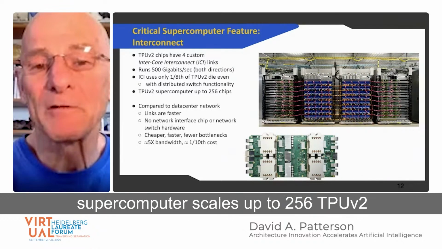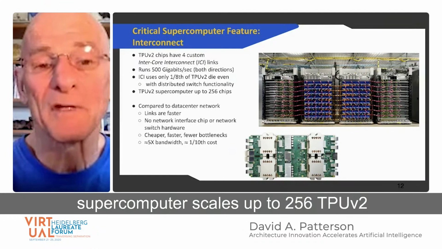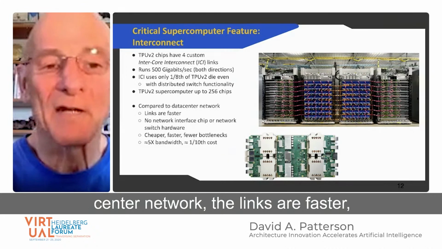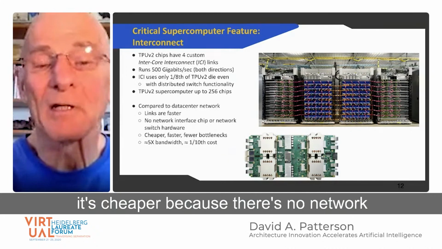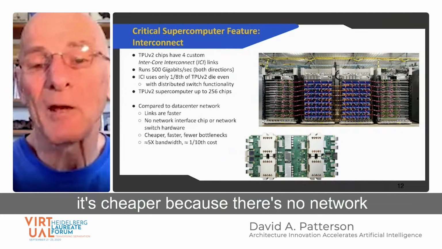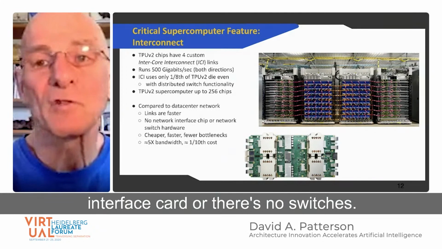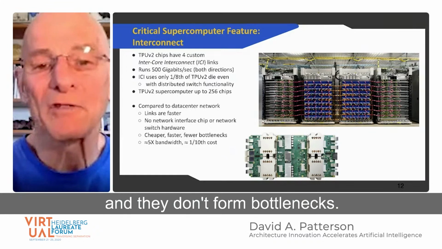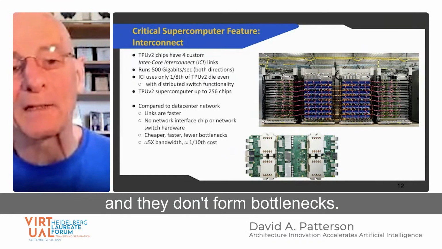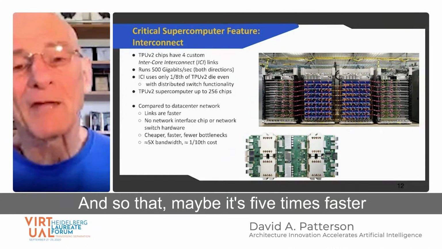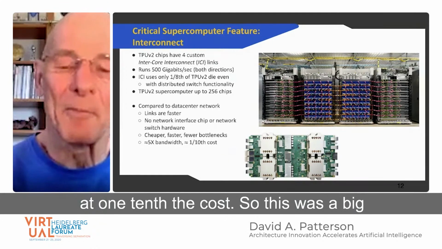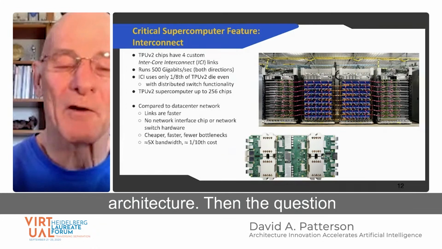And the TPU v2 supercomputer scales up to 256 TPU v2 chips. Compared to the classic data center network, the links are faster. It's cheaper because there's no network interface card and no switches in it. So it's cheaper, faster, and those don't form bottlenecks. Maybe it's 5 times faster at 1/10 the cost. So this was a big feature of our domain-specific architecture.